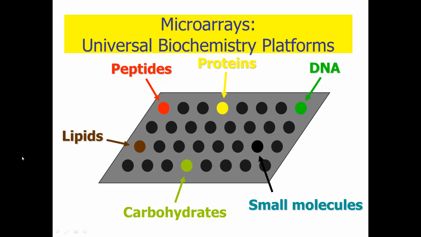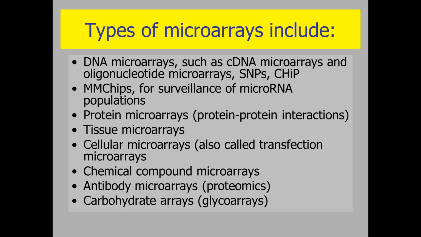They can put lipids down and see if there's differences in lipid binding. And they can put small molecules that might interact with the receptor down and then see which proteins bind to which small molecules and if they're different in the tumor versus the normal cell. So as I said, there's a wide variety then of these different microarrays that are being developed.